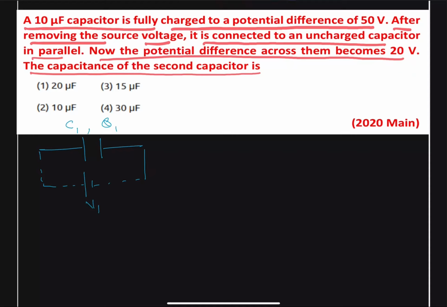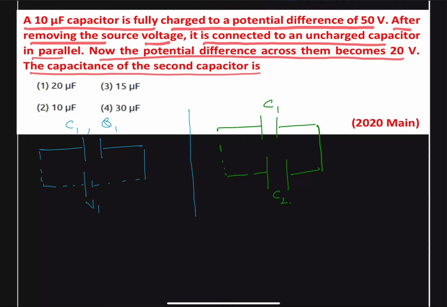In the second case, we are connecting this C1 across another uncharged capacitor, whose capacitance we are going to find out, let us call it C2.